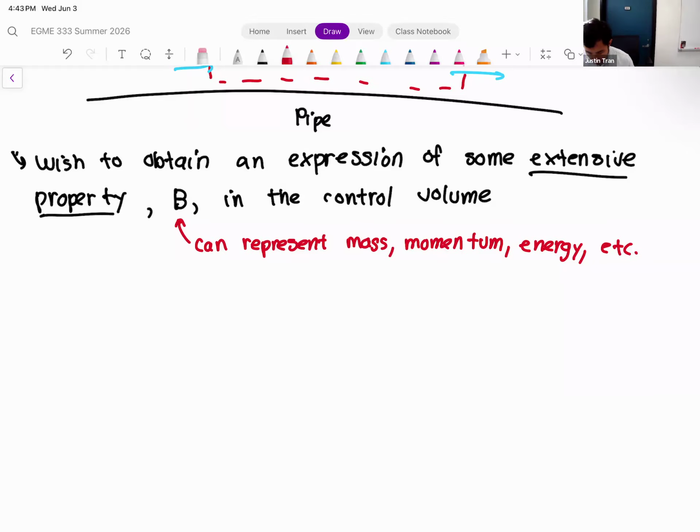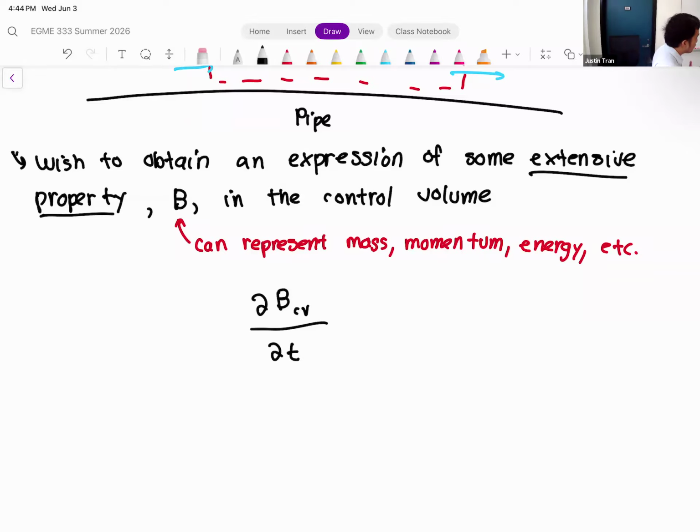Okay. So mathematically, what we're looking to determine here is an expression for partial B within the control volume, partial t. I'm using partial derivatives here because B is going to depend on multiple variables, not just time.